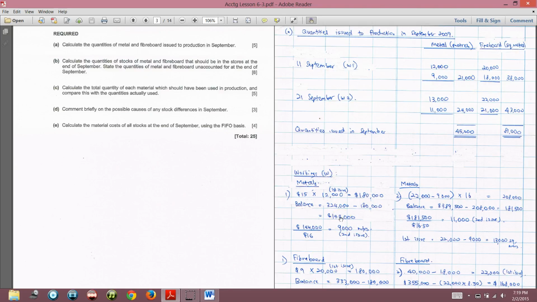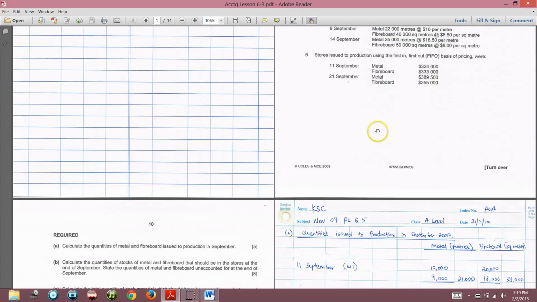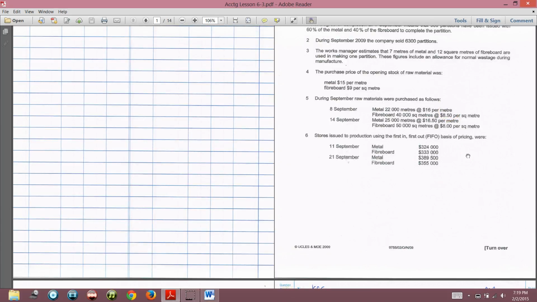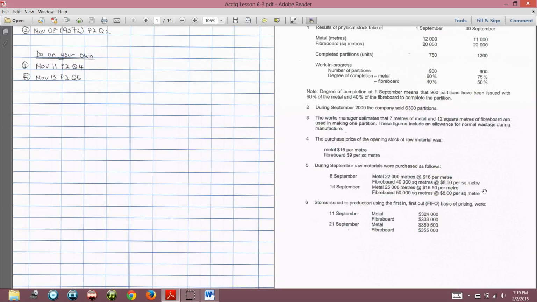We obtained this 21,000 by converting this cost into quantity, based on the unit cost price of the metal on a first in first out basis.